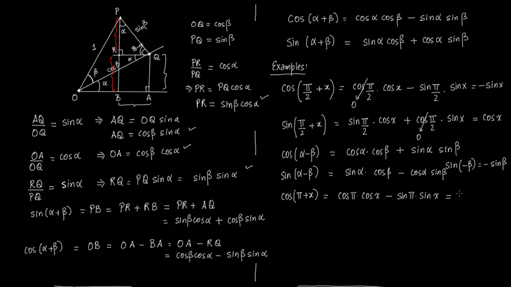So you get this equal to minus cosine of x, cos pi plus x, yeah, because sine pi is 0 and cos pi is minus 1. Similarly, you write down the formula for sine pi plus x, and you again notice that cos pi is minus 1 and sine pi is 0.